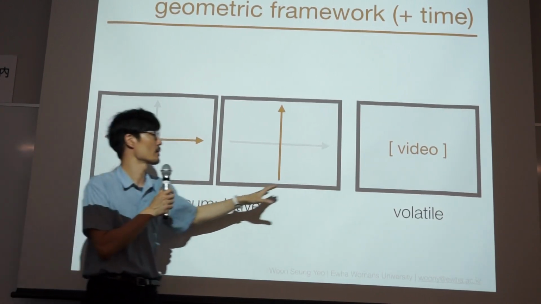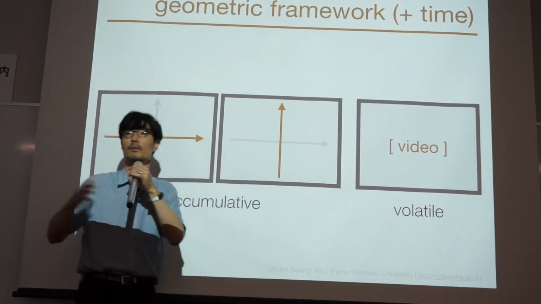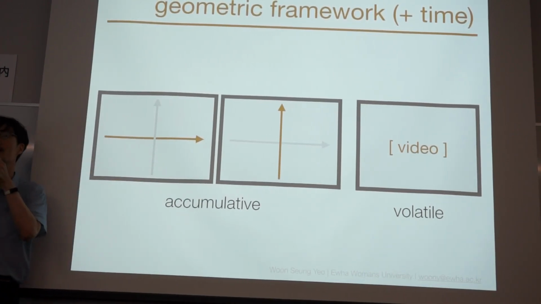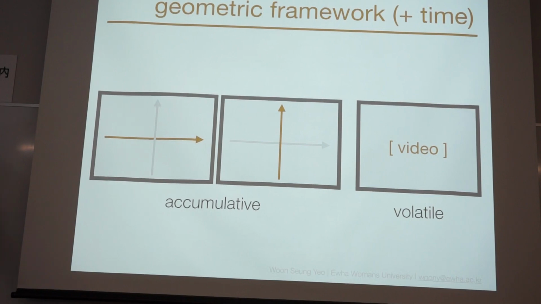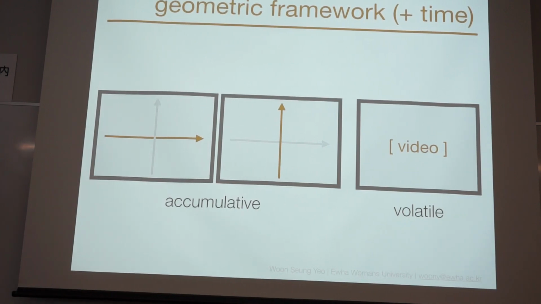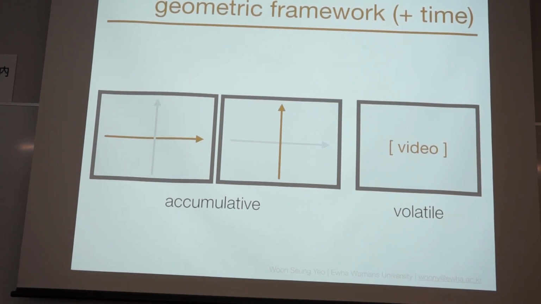But in other cases, the recording of sound is volatile. It just goes away. There's no memory of time. So that is another important feature when you want to design possible candidates for audiovisual mappings.